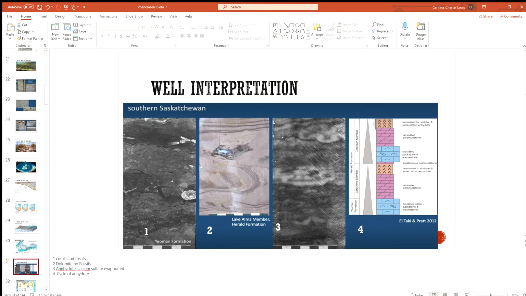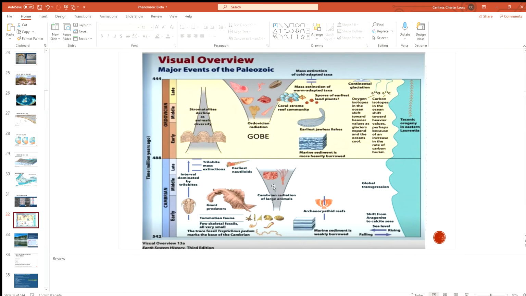Okay, let's move on. Let's not waste any more time. This is just a visual overview of the major events. I'm not gonna go through everything, but make sure you understand it. Like, if there will be questions about, oh, where were the trilobites?